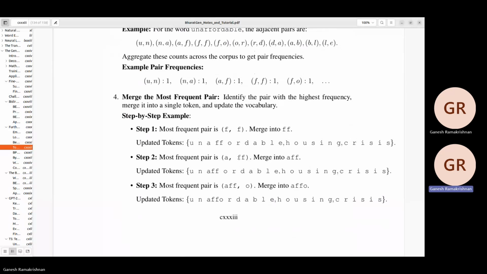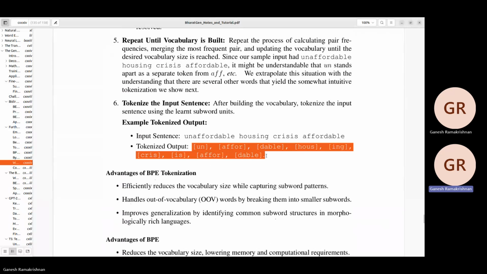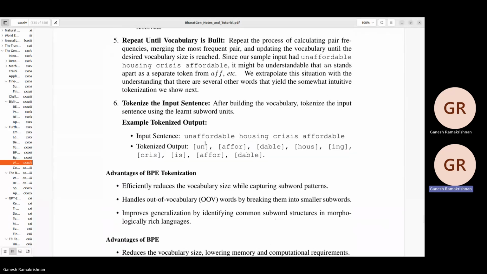So there are some simple merging steps being shown here based on frequencies. The most frequent pair is FF, then the most frequent pair is AF, and so on. Affordable is repeated. And let's say based on some corpus, these turn out to be the tokens: UN, AFFOR, DABLE, and so on, right?